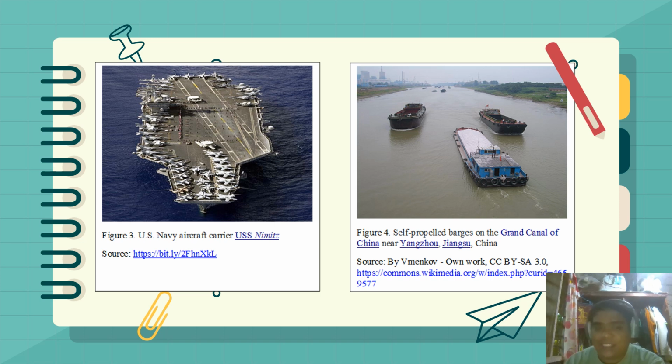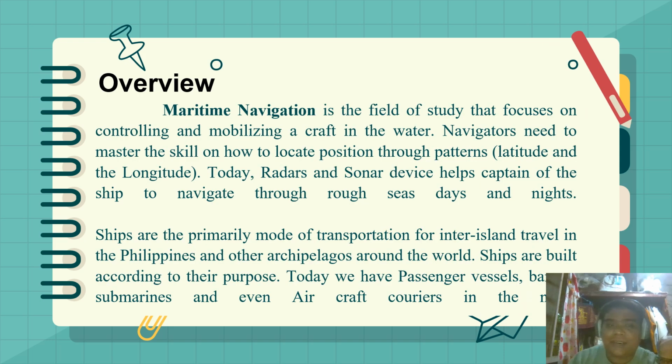So all of those, figure 1 to figure 4, are vessels that we use to navigate rivers, seas, oceans, to lead us from point to point, especially here in our country. Overview: maritime navigation is the field of study that focuses on controlling and mobilizing ships in the water. Navigators needed to master the skill of locating position through patterns.